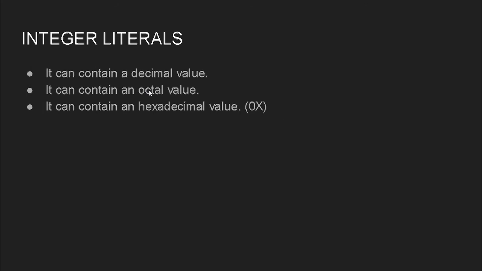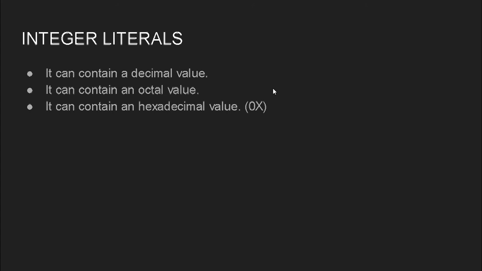However, if you want to store an octal value in an integer literal, then you need to prefix a 0 in front of the value. In such a case, you need to ensure that the octal value is perfectly valid. You cannot write 08 or 09 over there, because 09 is not a valid octal value. As I said earlier, the range for an octal value is from 0 to 7 only.